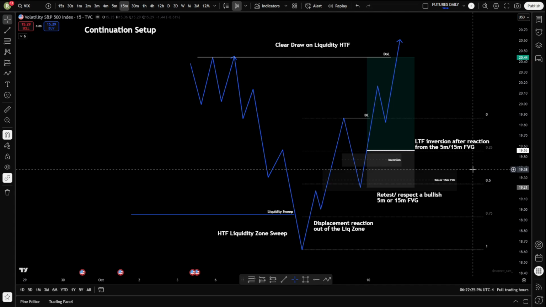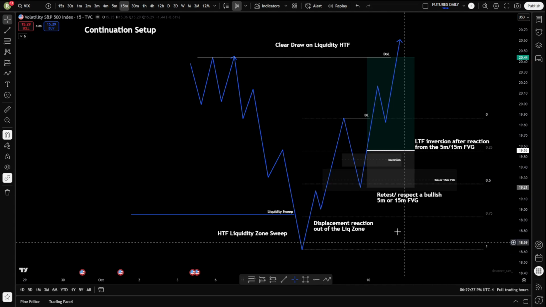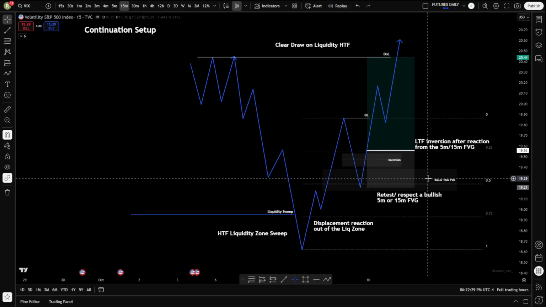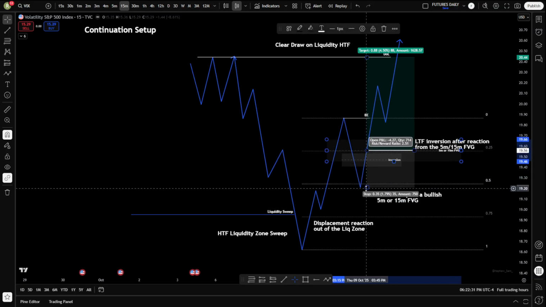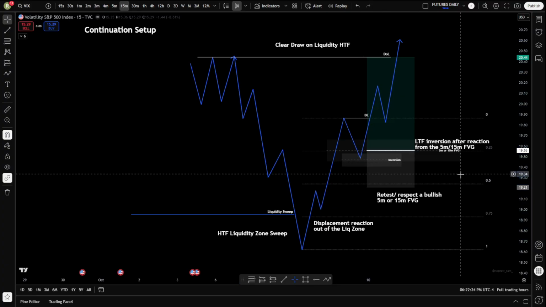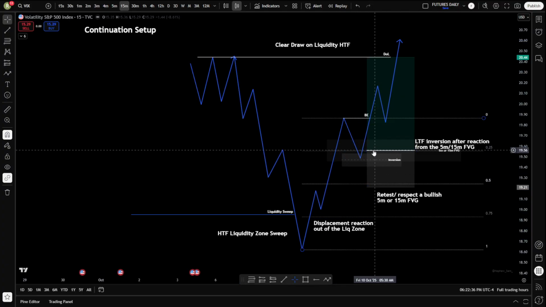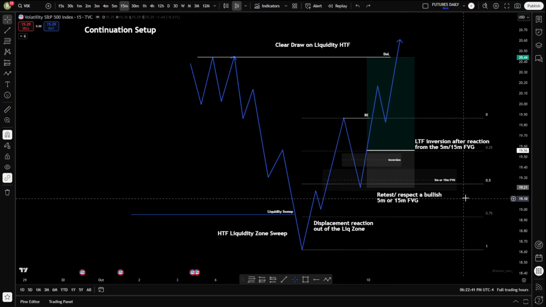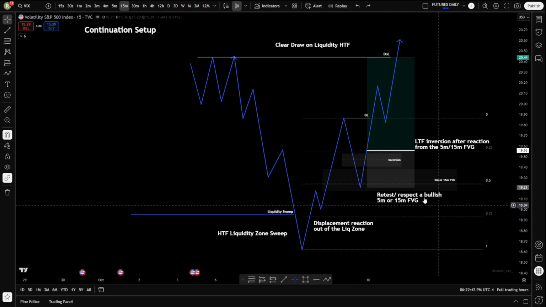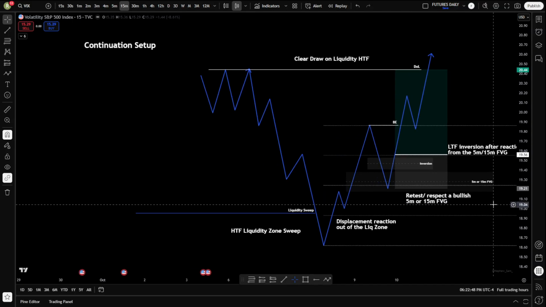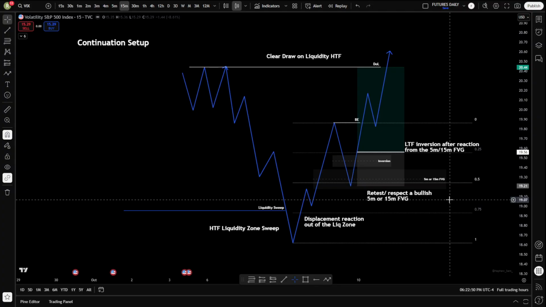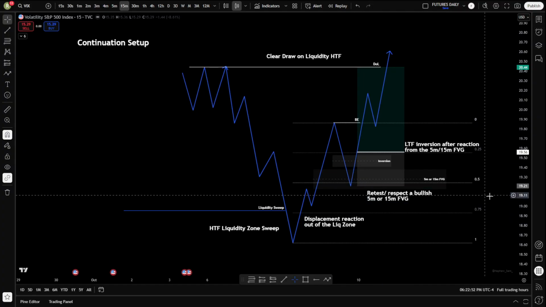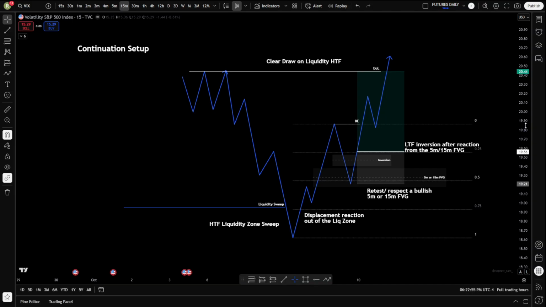If we don't have a 5 or 15-minute fair value gap in discount, then let's say this fair value gap was up here and we miss discount, then the probability of this playing out is a lot less. However, sometimes it may be worth still taking. It's really up to you on your risk tolerance. But for me, if I want to see an A++++ setup, this is what I'm looking for. Okay. And I'll go over a couple examples, but this is basically the entire premise of it.